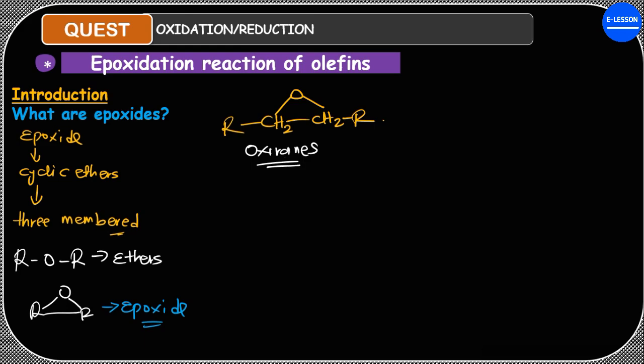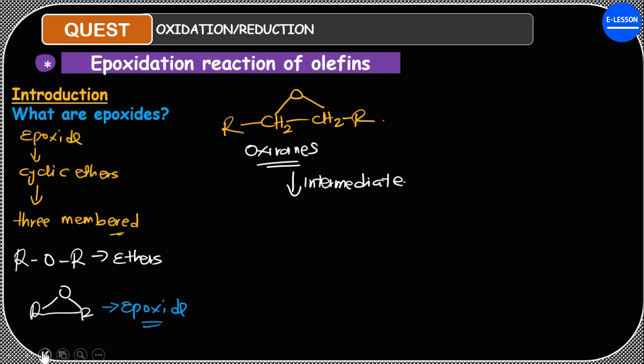And what is their usefulness in organic synthesis and in pharmaceutical practice? Epoxides serve as synthetic intermediates, a bridge that converts alkene to other functional groups.